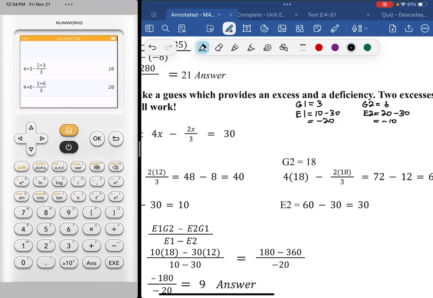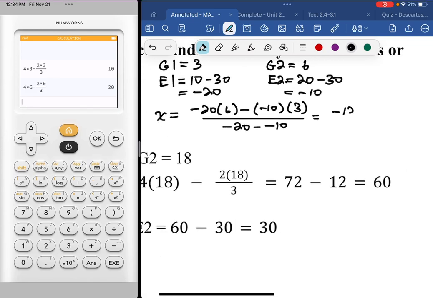So x is going to be equal to negative 20 times 6 minus negative 10 times 3, over negative 20 minus negative 10.